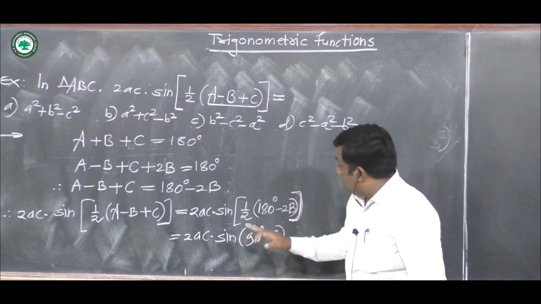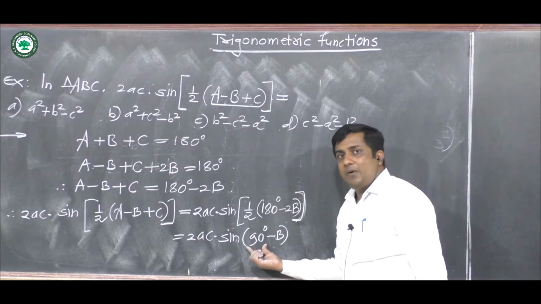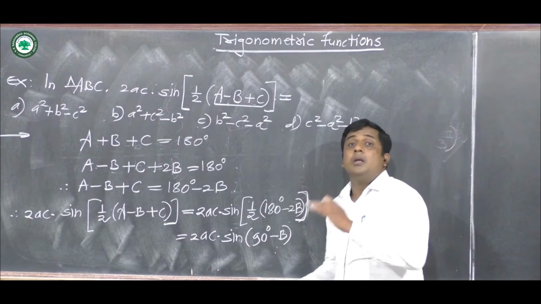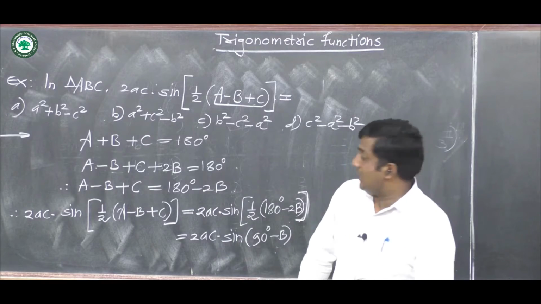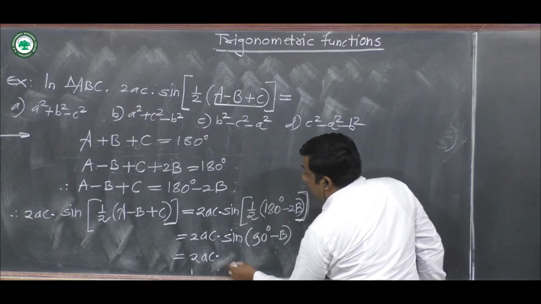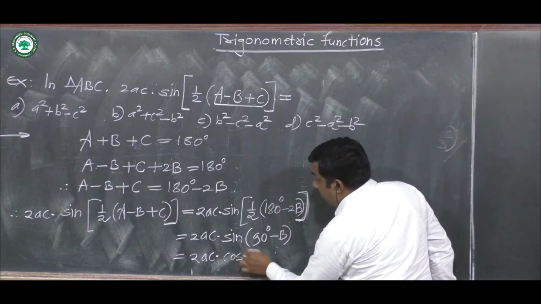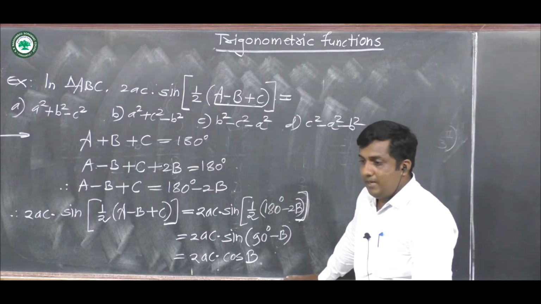And here 90 degree is given in the allied angle. If 90 degree is given, we replace this trigonometric function by using cosine. So this is equal to twice AC into cos B.